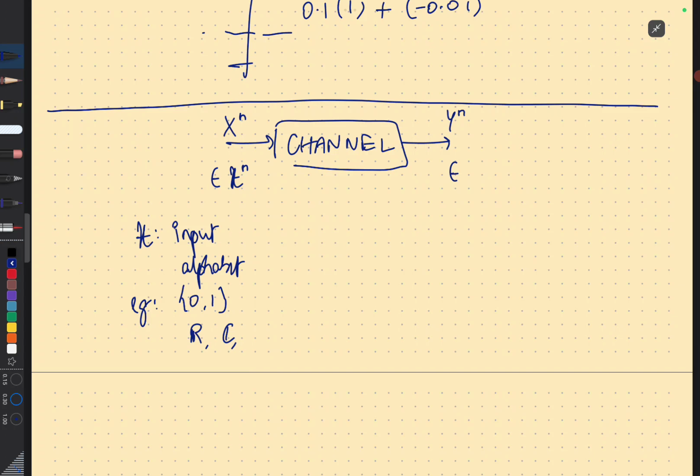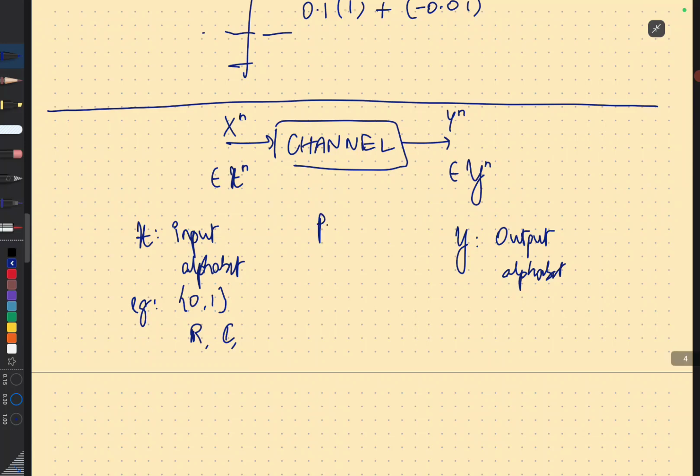And the output of this again comes from some alphabet, which is called the output alphabet. Again, the output alphabet could be binary, it could be the set of reals, it could be set of complex numbers, it doesn't matter. All right. And the channel is modeled as a random black box.